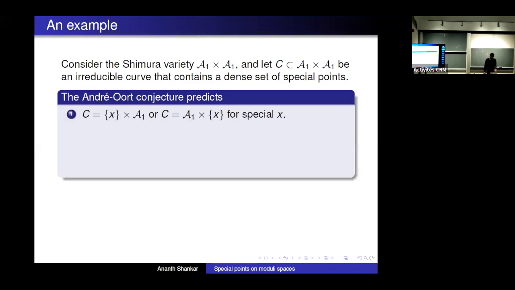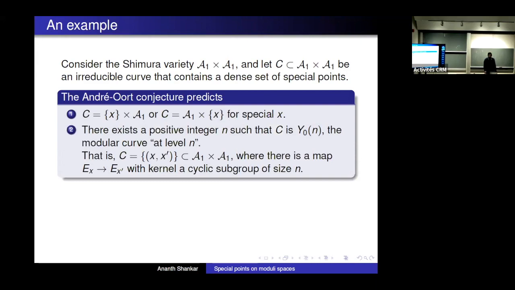So these are special, and these clearly have a dense set of special points because A1 has a dense set of special points, it being a Shimura variety. Quite a bit more exciting are so-called modular curves that fit inside A1 cross A1. So you could look at the sublocus in A1 cross A1 consisting of pairs of elliptic curves which admit a map from one to the other, where the kernel is a cyclic subgroup of size n.